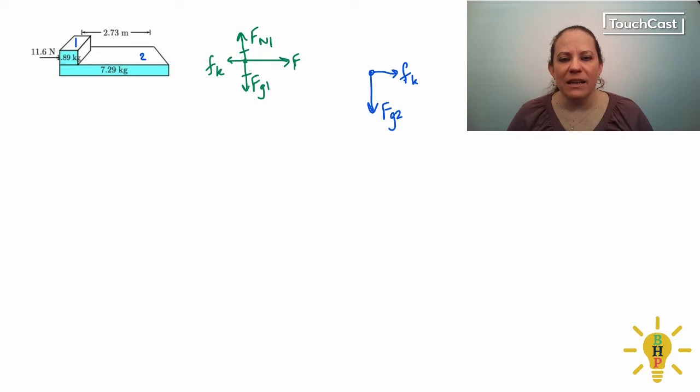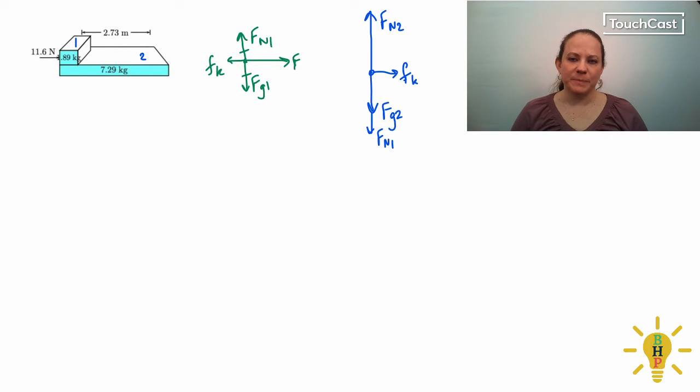So I'm going to label it F N 1 because it's a normal force from block 1 here, and then the normal force on block 2 from the floor is going to be as big as those two combined.